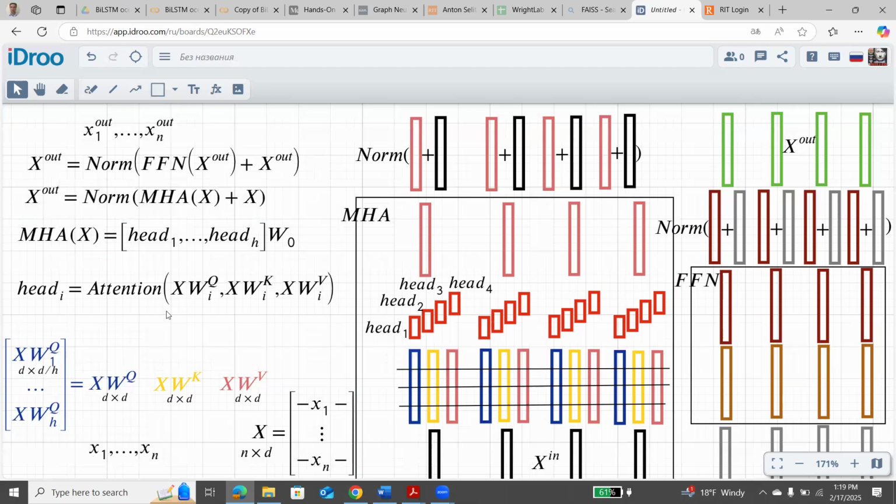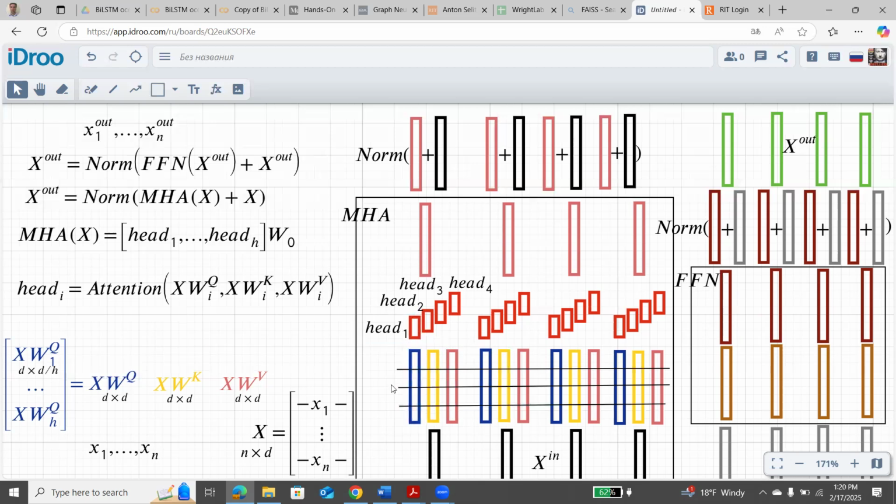And after that, we apply attention to each head separately. You remember in attention, we take a blue embedding, then we calculate the similarity with yellow embeddings, then we sum up the red embeddings weighted by these similarities. And finally, we get the output from our attention, a new embedding for the input token.